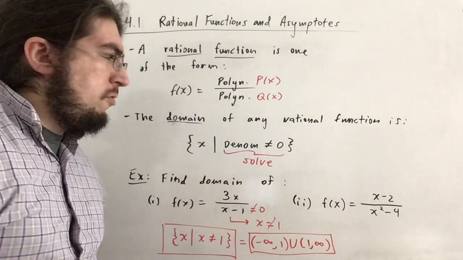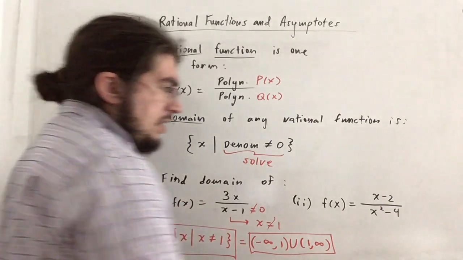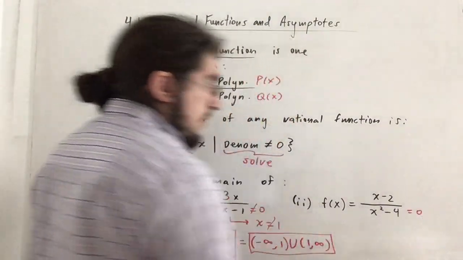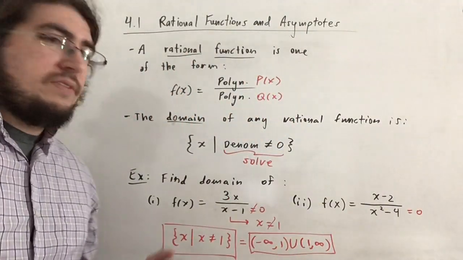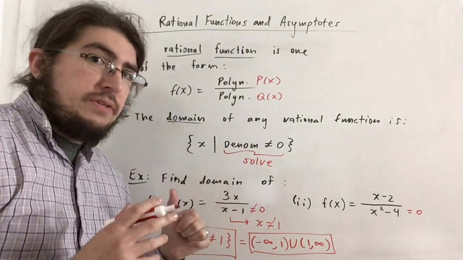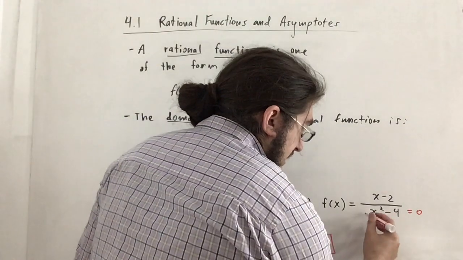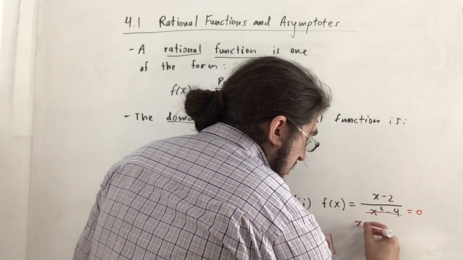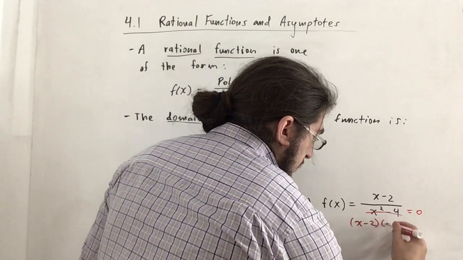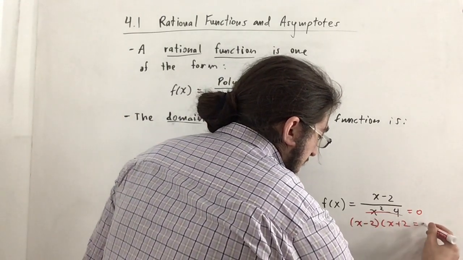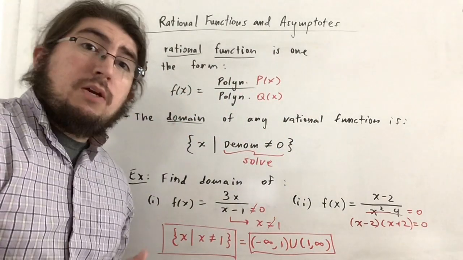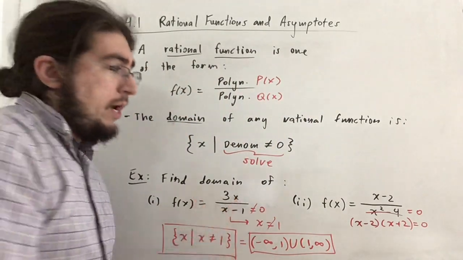Here I think we have enough room for it, but let me just say this. To set this denominator equal to 0, first we have to do what? We have to factor the denominator. And the denominator, yes, it can be factored. It factors as the difference of squares, x minus 2 and x plus 2. And then you would set each of the factors equal to 0, and you get x is equal to 2 or negative 2.